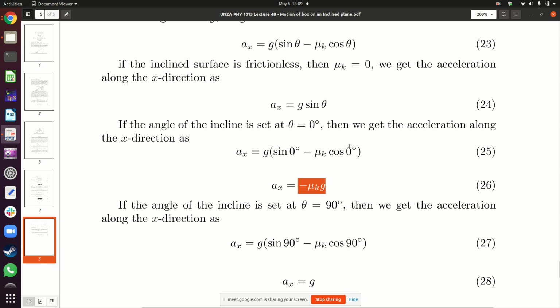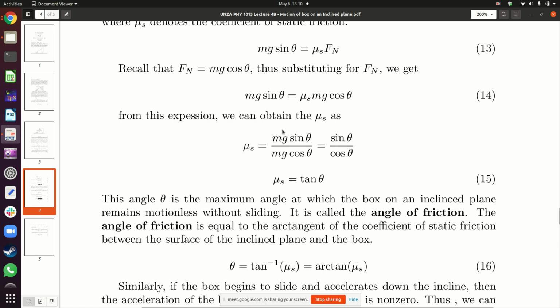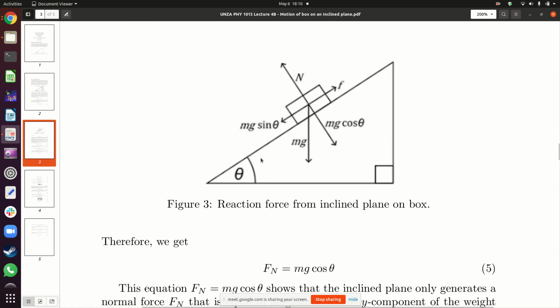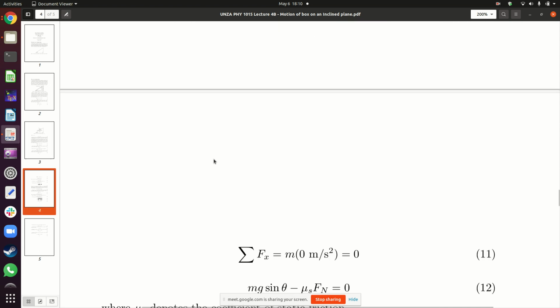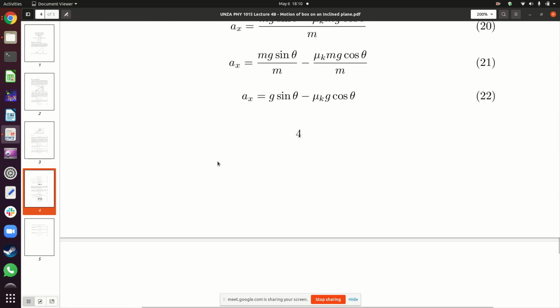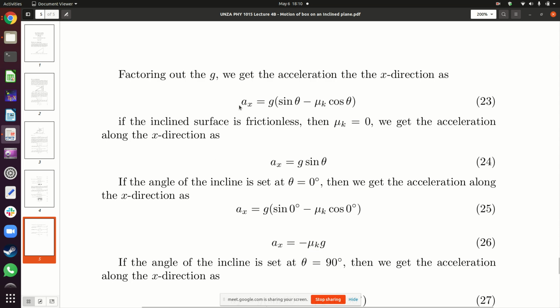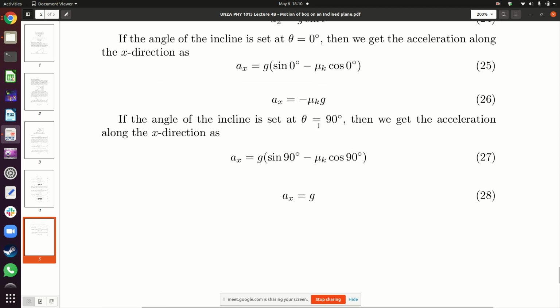The other case is when you decide to increase the angle of the incline to 90 degrees. When you increase your angle of the incline to 90 degrees, it becomes a wall. So this incline just becomes a wall. On a wall, if you put an object there and make it move down, what's going to happen to the acceleration from this expression here? When your angle theta becomes equal to 90 degrees, you end up having ax equals g, then sine 90 minus mu k cos 90 degrees.